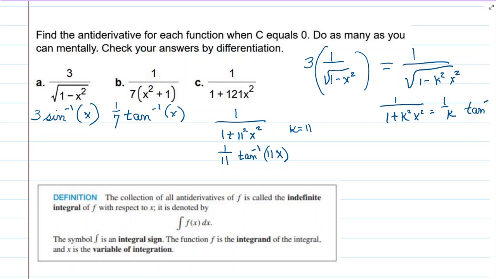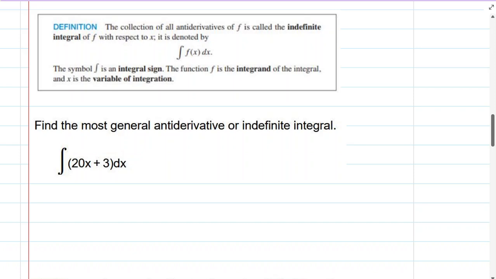All right. So this next definition had all to do with cap F, cap K, cap H, and that means that it is the basic function from a derived function without a constant. It's the basic form. Now, this right here has the new symbol for antiderivative.